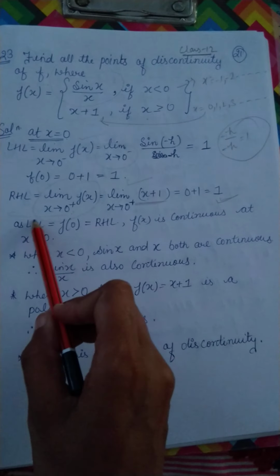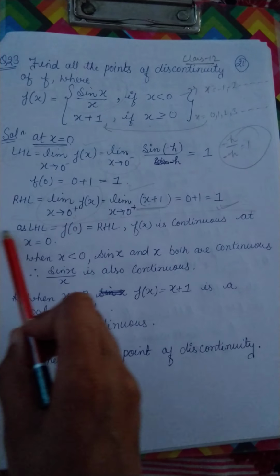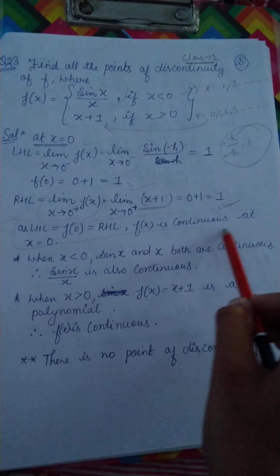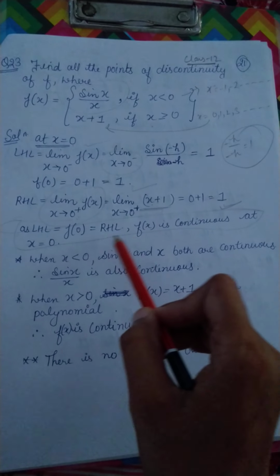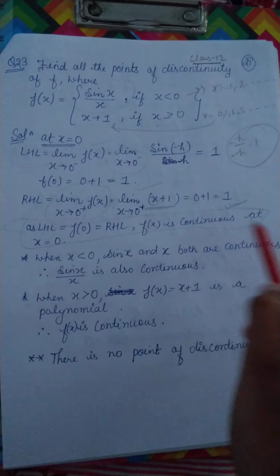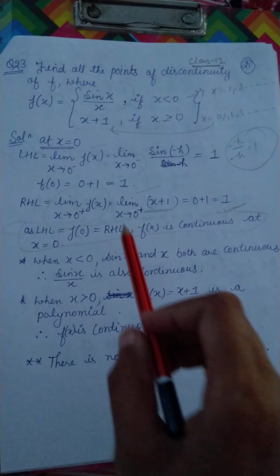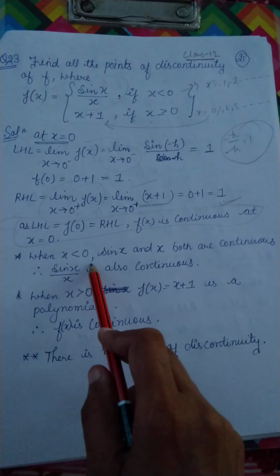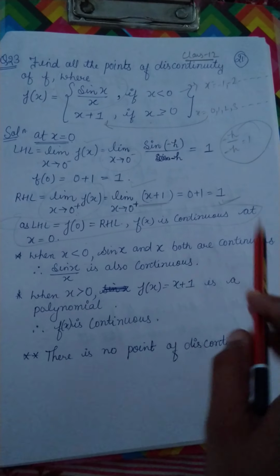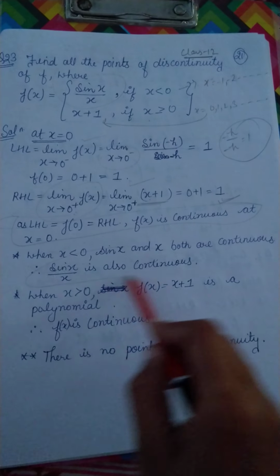Now बच्चे, as you observe that your LHL, f(0) and RHL, all three are the same, so you can conclude that your f(x) is continuous at x is equal to 0. Now this is a star point. When your x value is less than 0, sin x and x both are continuous, therefore this is continuous.